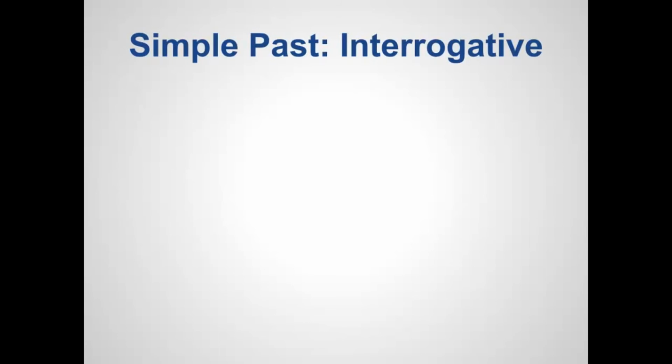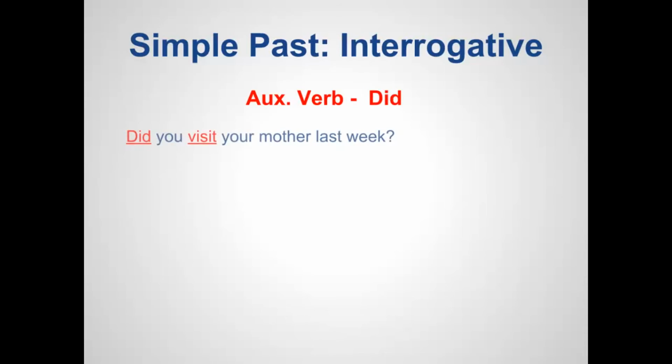All right. Let's move on to the interrogative. In the interrogative, you're going to use the auxiliary verb did. So, did and didn't are auxiliary verbs for the past. Let's take a look. Did you visit your mother last week? Yes, I did.